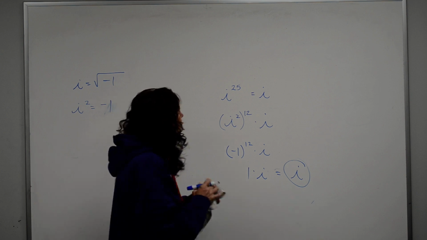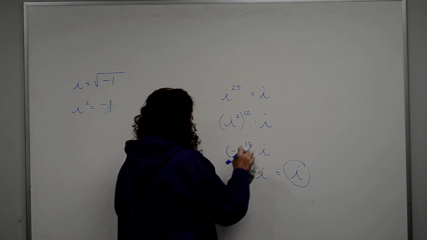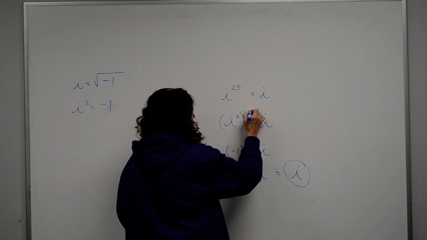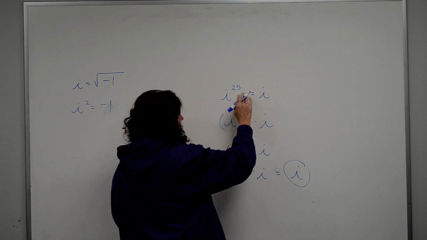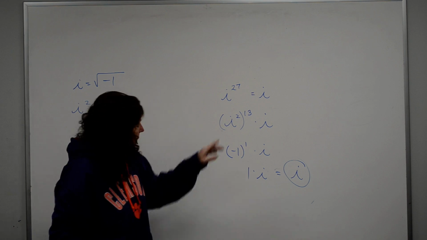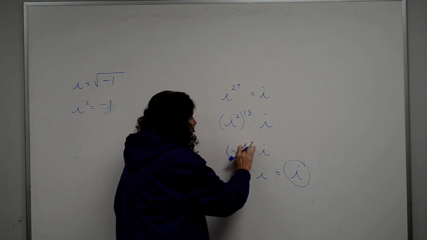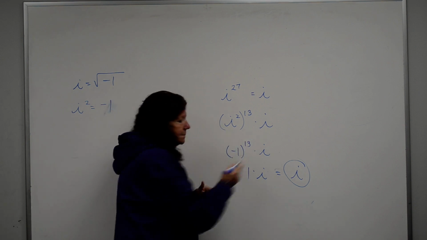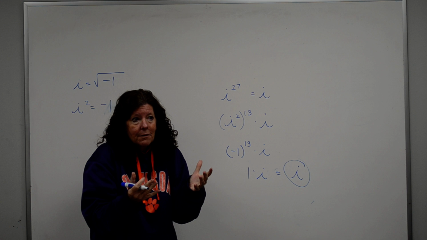Let's do another one. Let's say this was an odd power. Okay? So that would be to the 27th power. Okay? Odd power. What happens when I have something to an odd power? A negative to an odd power. It keeps the negative.